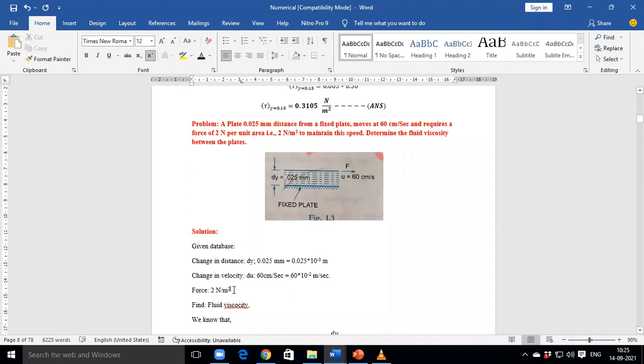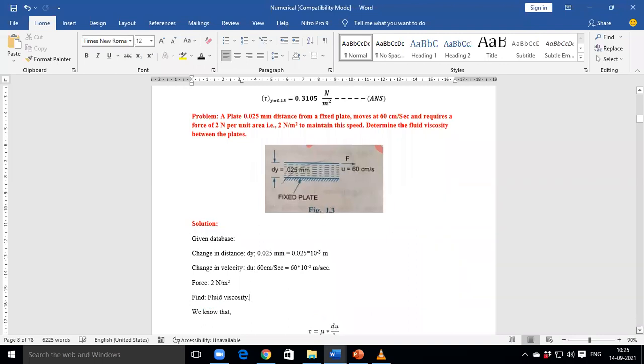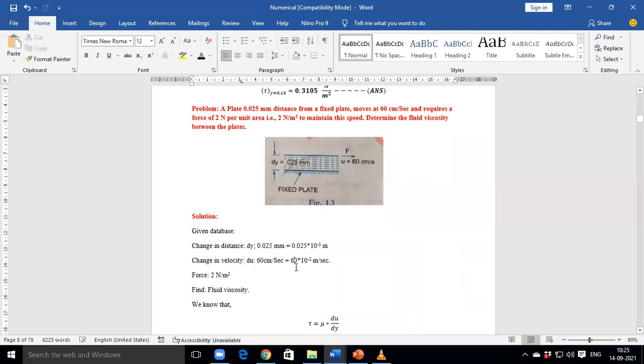Force is 2 Newton per meter square. Here do we need to convert, or do we use the same unit? We can use the same unit; no need to convert the unit from Newton per meter square. And then find the fluid viscosity. Which equation do we need to apply?